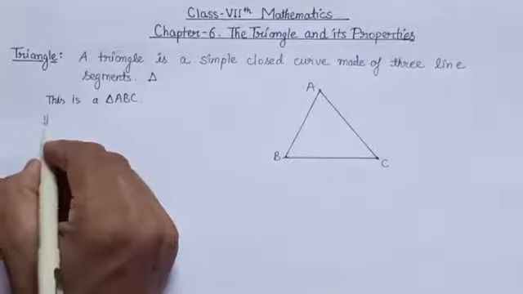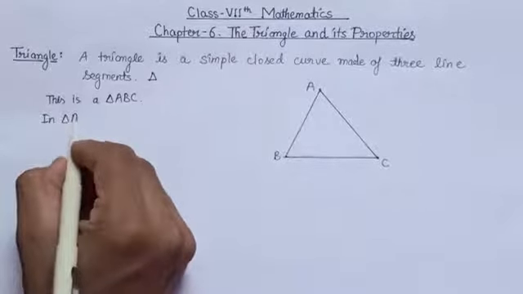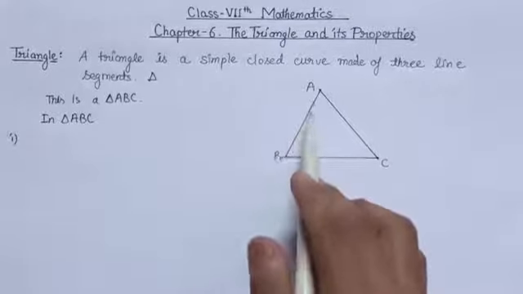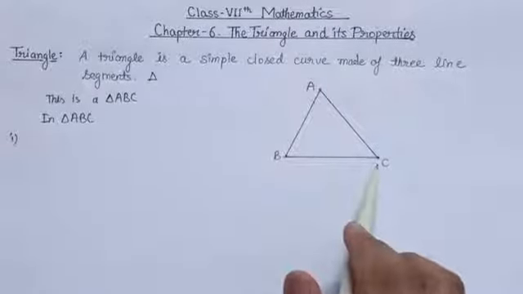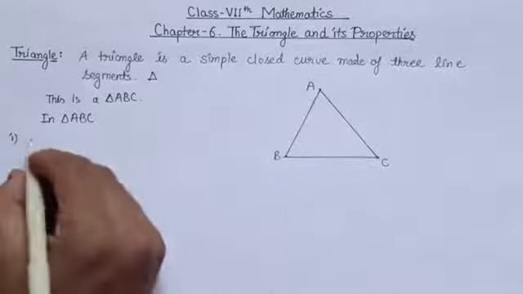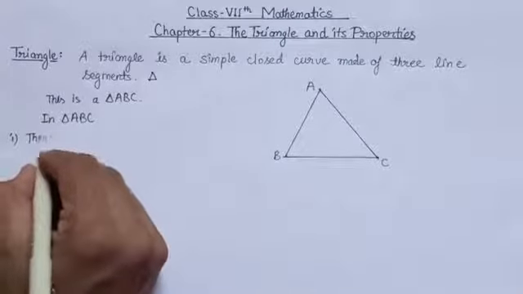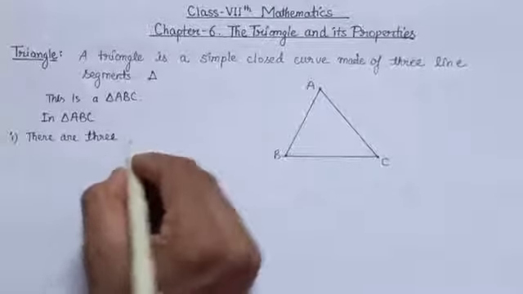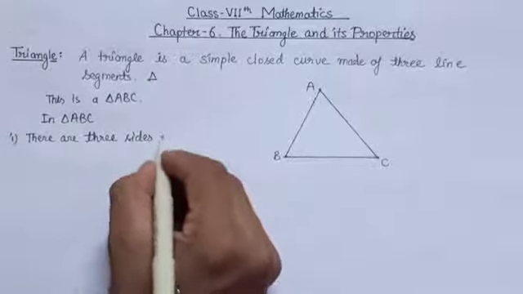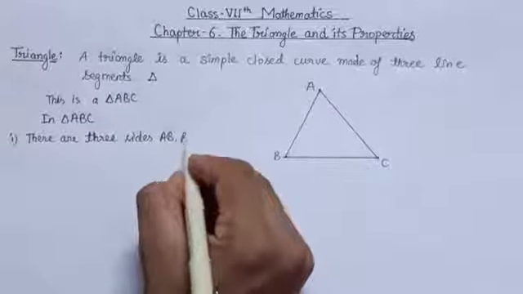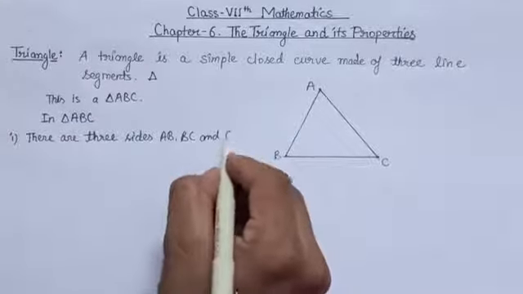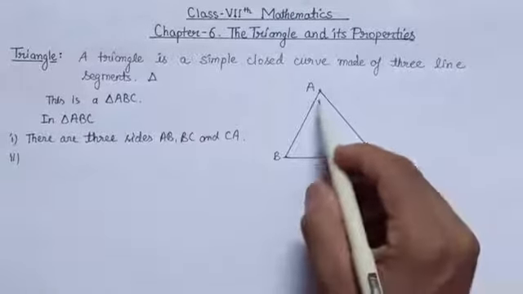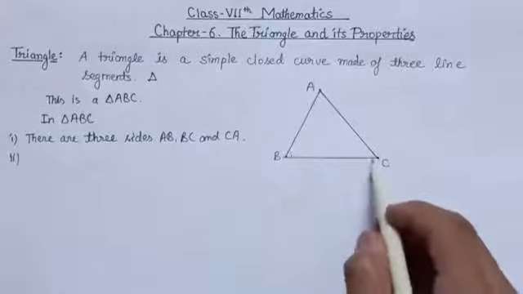In triangle ABC, you can see that there are 3 sides: AB, BC and CA. Again you can see there are 3 angles, angle A, angle B and angle C.